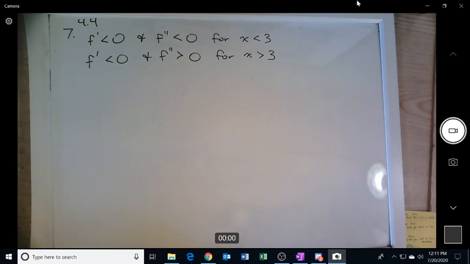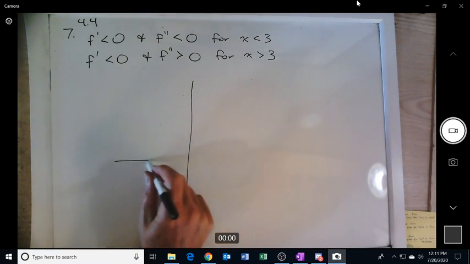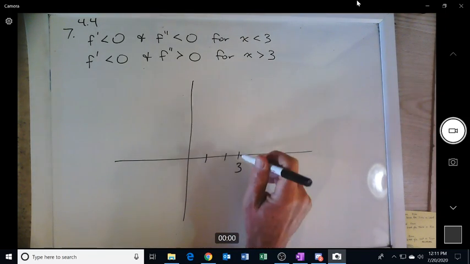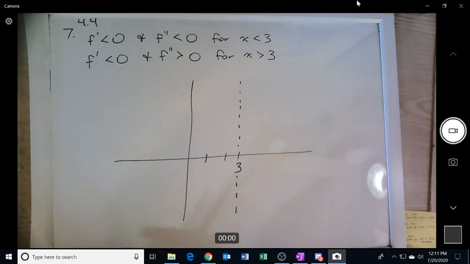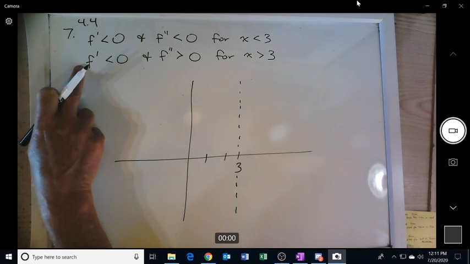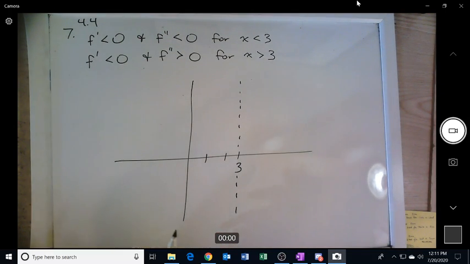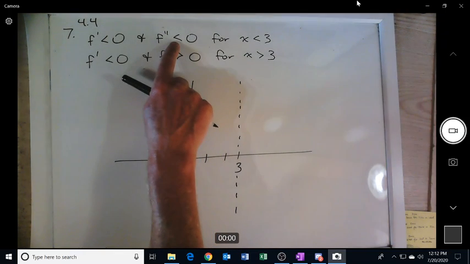So what we notice is to the left of 3 and to the right of 3, we're going to have different shapes. But we have a function whose derivative is negative the whole time. So it is decreasing the whole time. But it's decreasing in a way that the second derivative is negative.